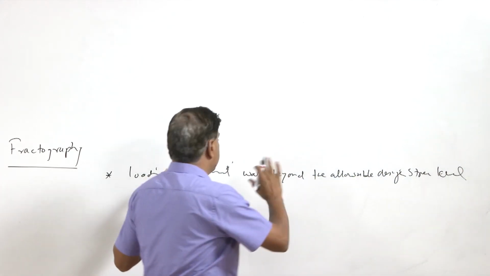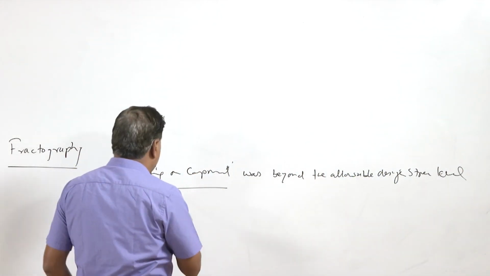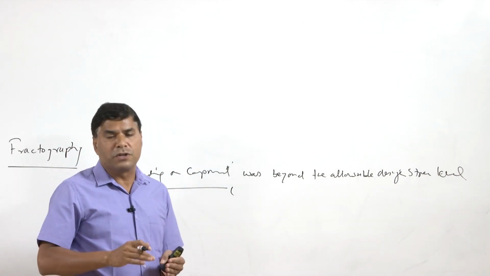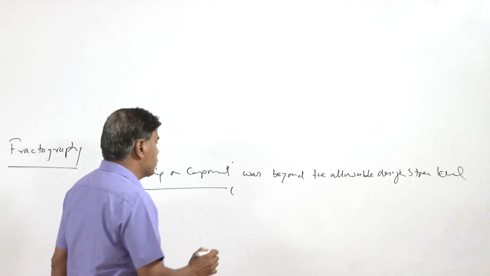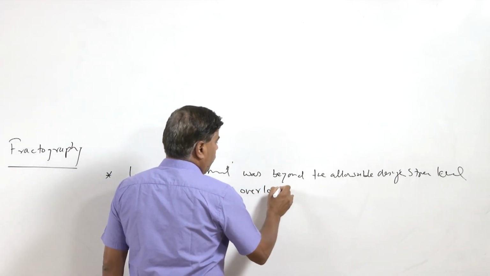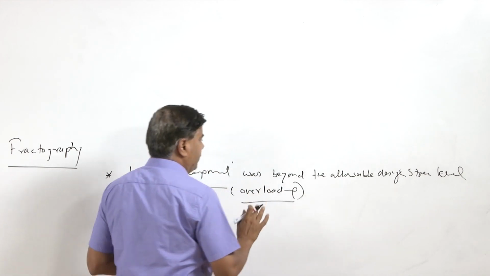It means whether the component was overloaded or not, and because of which the fracture has occurred. If the failure is due to overloading, that is what is identified basically.